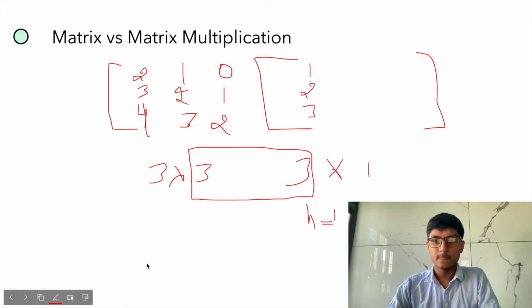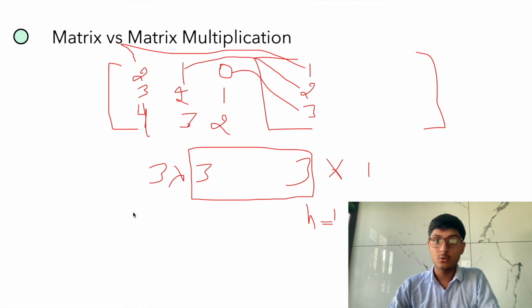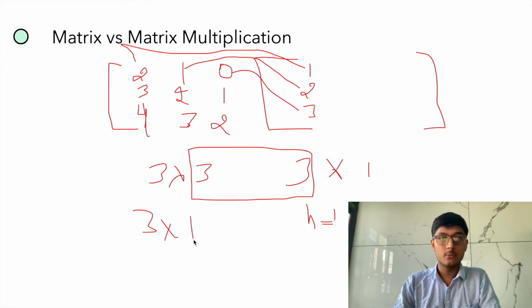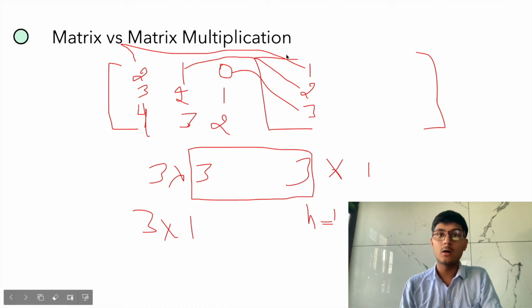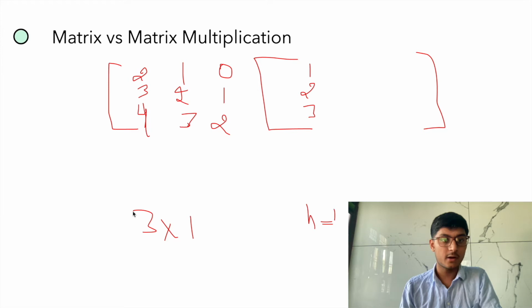Now what we do with the multiplication is that 2 will be multiplied by this 1, 2 will be multiplied by this 1, and 3 with 0, and similarly with the next row, then again with the next row. So this will be a 3 cross 1, which will be our new matrix. So let's see how we will find that out.